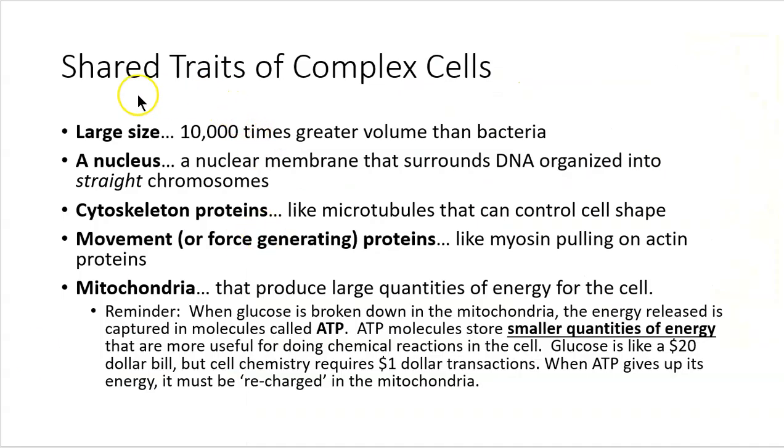So to wrap up then, we do have lots of shared traits in the complex cells themselves. All complex cells are much larger than bacteria. They have a nucleus, which means a nuclear membrane surrounding the DNA, and the DNA is organized into straight chromosomes, not circular chromosomes. Complex cells have proteins that control the shape of the cell, and we'll see how important they are in future lessons.